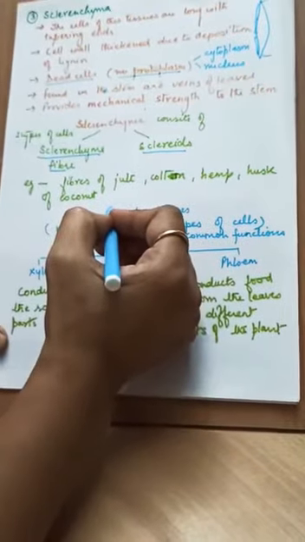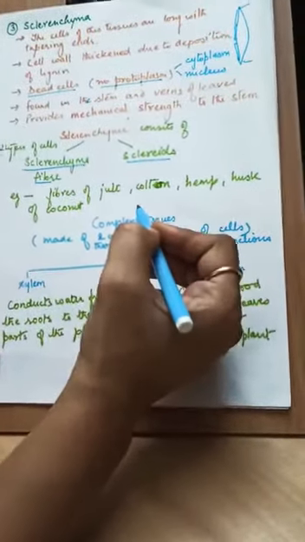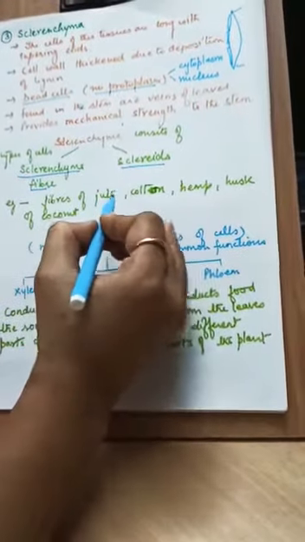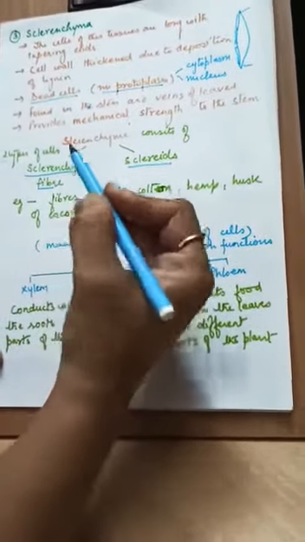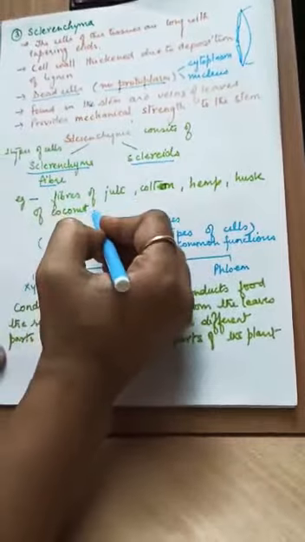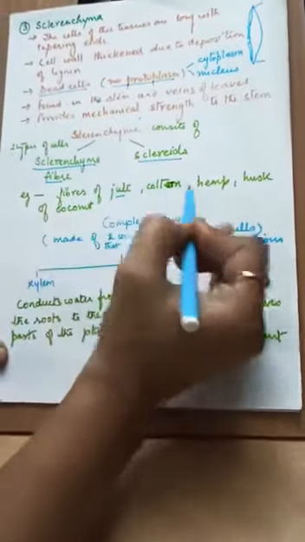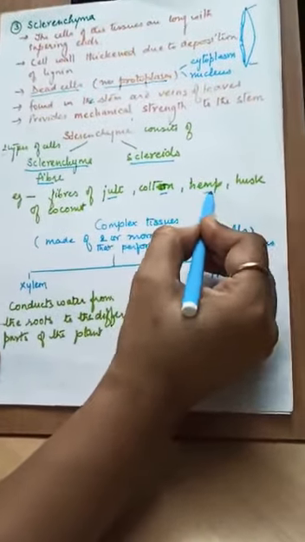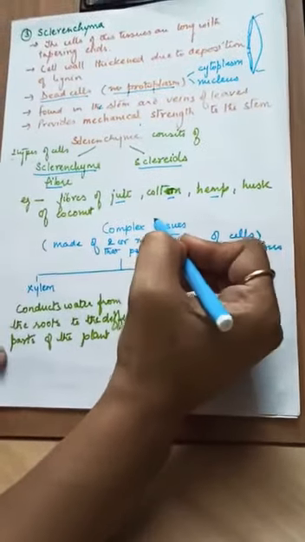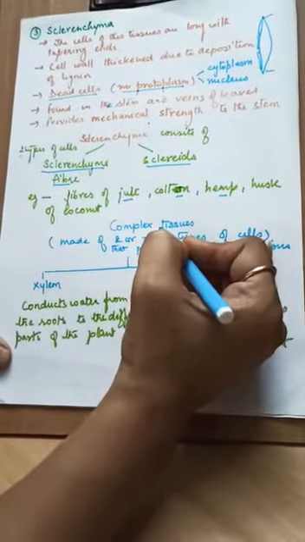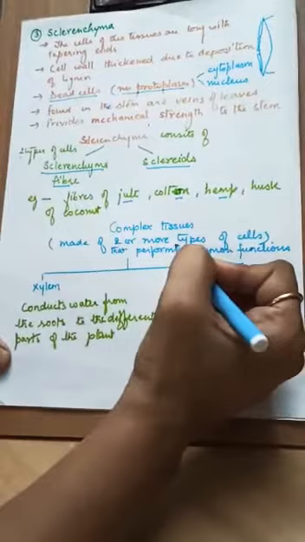Some of the examples you have observed by yourself, but you didn't note or you don't know that they are sclerenchyma. These are the fibers of jute, cotton, hemp. The husk that you see around the coconut is nothing else but the sclerenchyma.